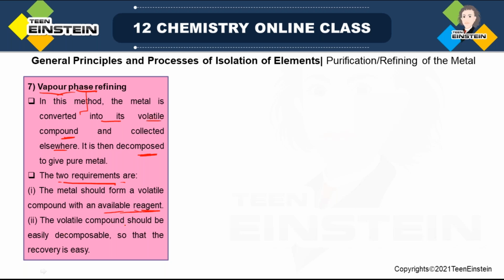Second requirement, the volatile compound should be easily decomposable, because in the second step, this volatile compound is decomposed. If it is not easily decomposable, then our purpose will not be fulfilled. Only when it is easily decomposable, recovery will be easy. So these are the two requirements.